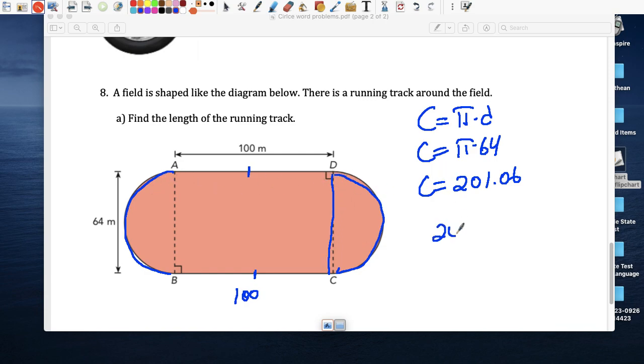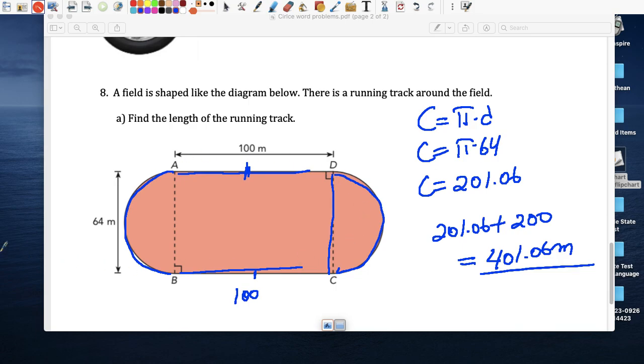So it's 201.06 plus 100 for this straight stretch of the track on the top, and the bottom, which is another 100, so that gives us 200. So total, to go around this particular track, it's going to be 401.06 meters rounded.